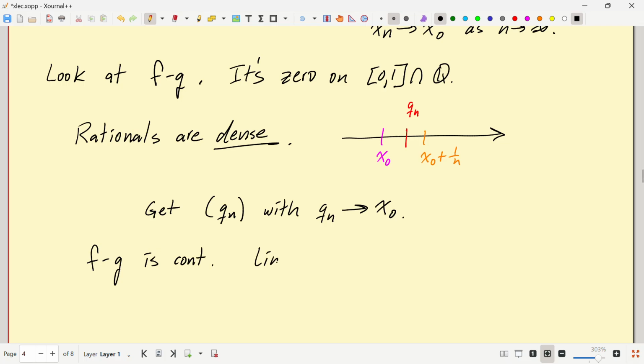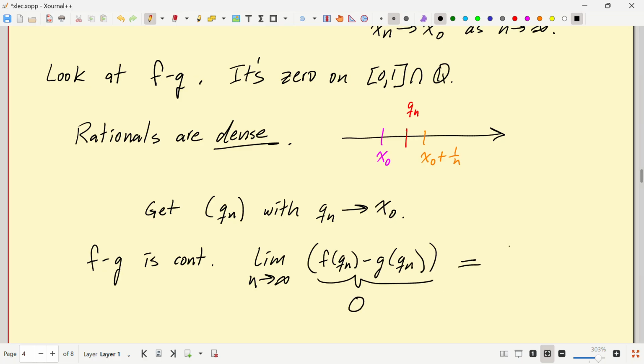So the limit, as n goes to infinity, of f of qn minus g of qn, they agree on the rational numbers, so that would have to be equal to 0. And that would be equal to f of x naught minus g of x naught if it's continuous. So that's how you would use the tools that we have at our disposal to nail that idea.